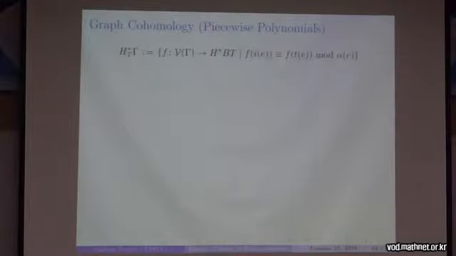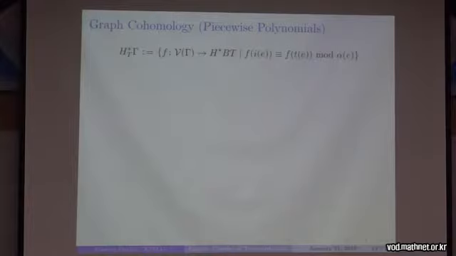Okay, so now we go back to this abstract notion of a graph and define something called the graph cohomology, which is also known as piecewise polynomials on the graph. For each vertex, we attach to it a polynomial, so an element of H star BT, which we know is a polynomial algebra with n generators of degree 2.